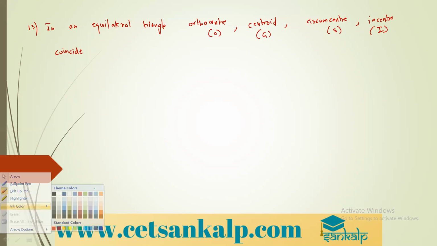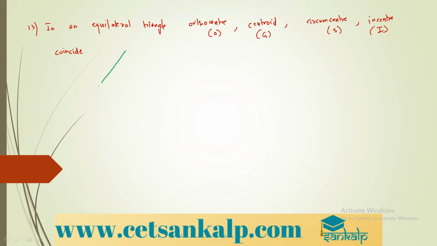What do you mean by that? Let us take equilateral triangle ABC. What is orthocenter? Orthocenter is the intersection of altitudes.